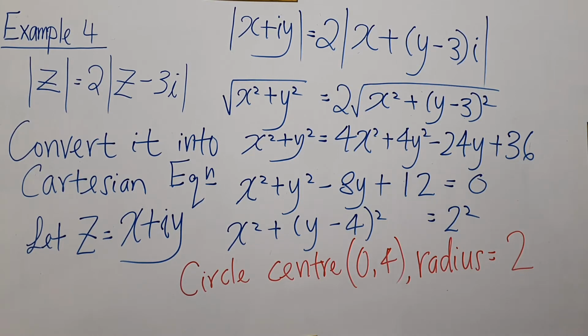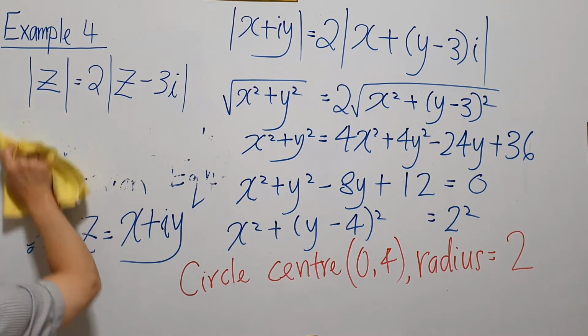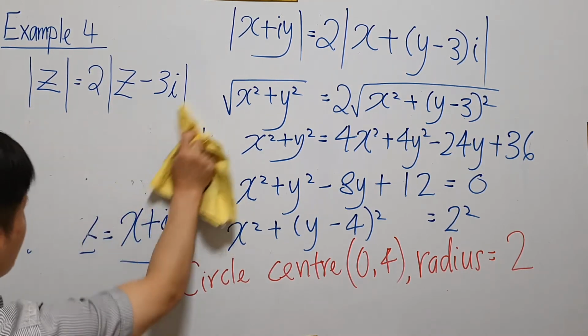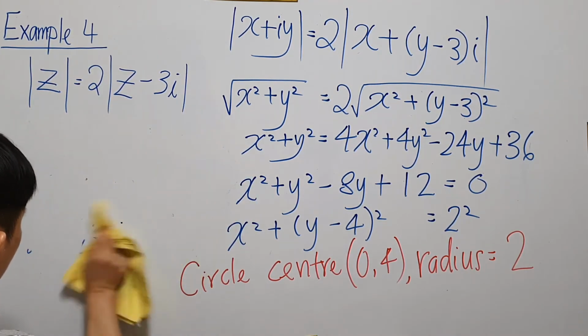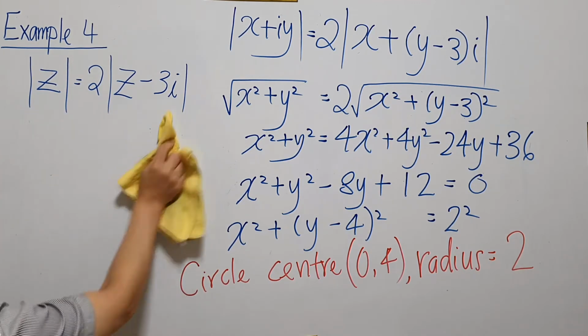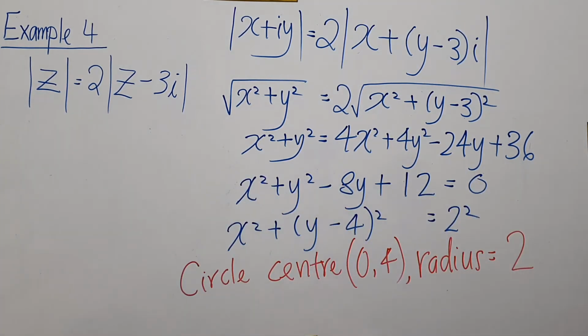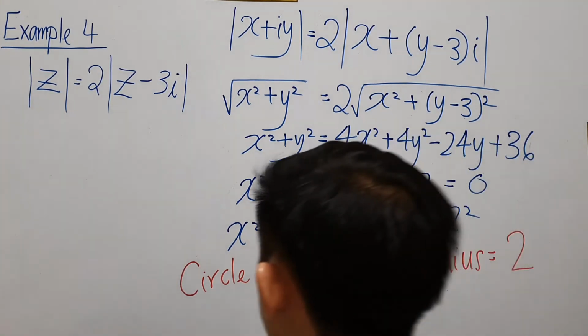So once you have converted into the Cartesian equivalent, and now you understand what shape it takes, you can draw the locus of z in the Argand diagram. So what you can do is draw a circle centered at 0, 4.